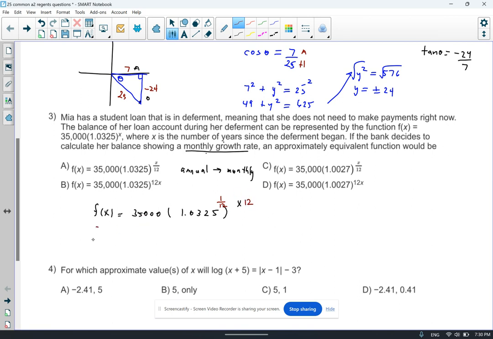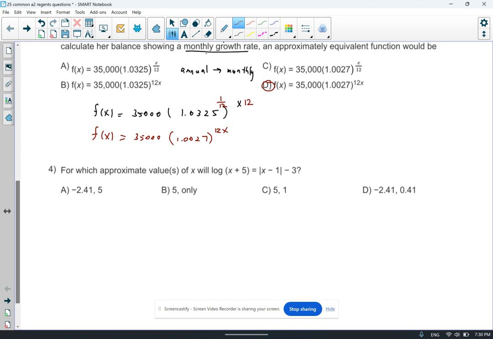So then in your calculator, you would keep the original amount at the a sub 0, but 1.0325 raised to the 1/12th, if you entered it in the calculator, you would get 1.02712 to the x. And so that's choice D.